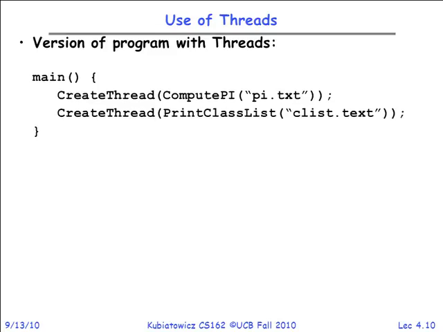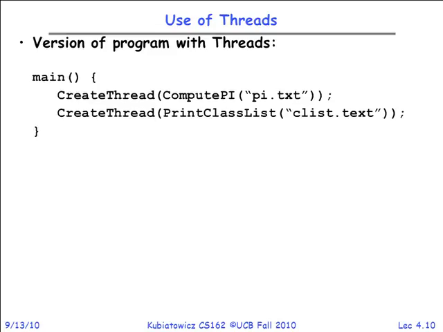Because we've got these two threads going in parallel, we actually get to print the class list. And the question, of course, is whether this is the behavior you want. If you were printing to the output, you'd probably get a jumble, right? Now, I've sort of implied that the digits of pi are going into one file and the class list is going into another, and so maybe that's okay because you're not mixing them together.